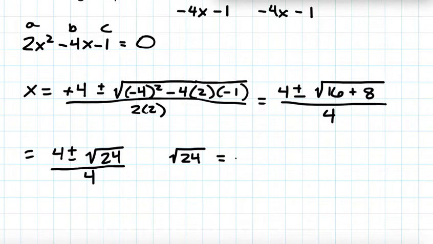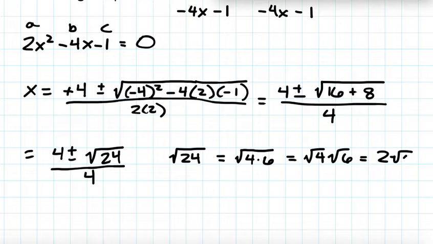But since it's 24, 24 is divisible by 4, that means it can be simplified, since 4 is a perfect square. So square root of 4 times square root of 6, square root of 4 is 2, so I can simplify that to 2 square root of 6.